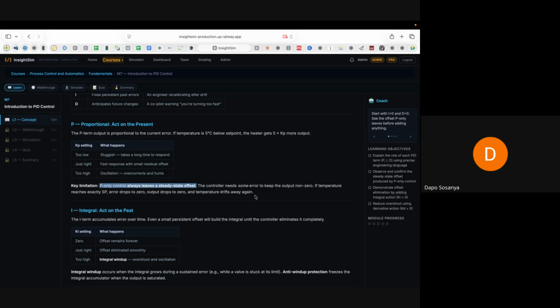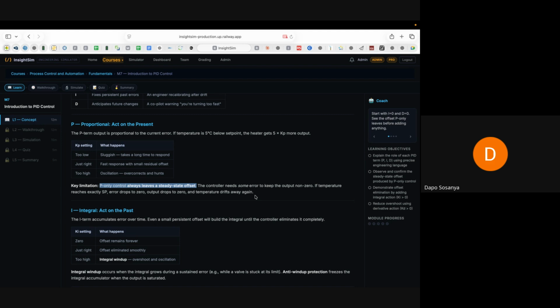And why does it leave a steady state offset? If they ask you that question, even in interviews: because the P controller needs some error in order to keep the output non-zero. Otherwise, if there is no error, then there will be no output from the controller, and once there is no output, the process will drift.